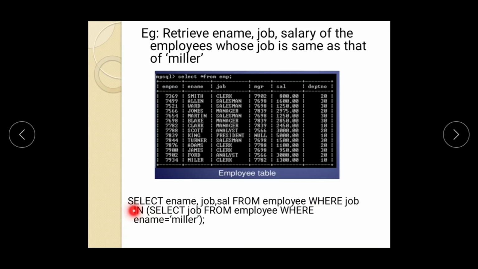Clear? So where job in, then we write the inner query: select job from employee where employee name equal to Miller. We can also write employee name in Miller, that is also possible. So this is an example of a multiple row subquery. Clear? Multiple row subquery.